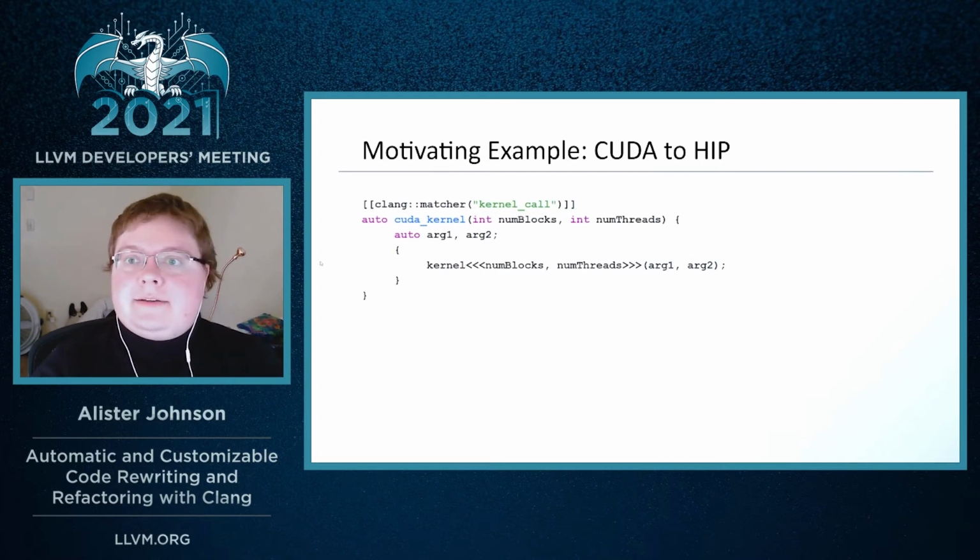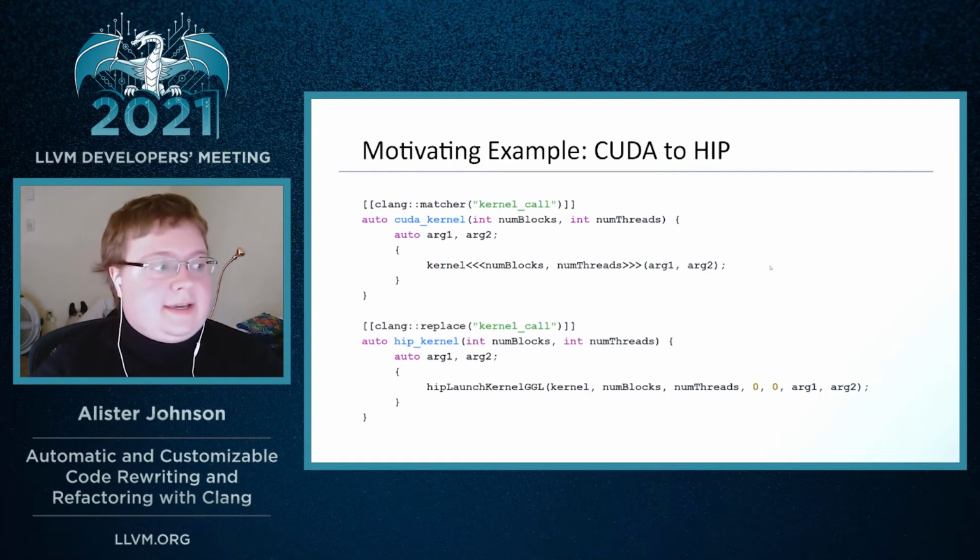If we could tell the compiler, with just a simple function attribute and ordinary C++, hey, find all of the pieces of code that look like this generic CUDA kernel call, and again, with just an attribute and normal C++, tell the compiler after that, once you've found all of these things, replace them with code that looks like this generic HIP kernel launch. And so this is exactly what I am implementing as a tool for Clang's front end.